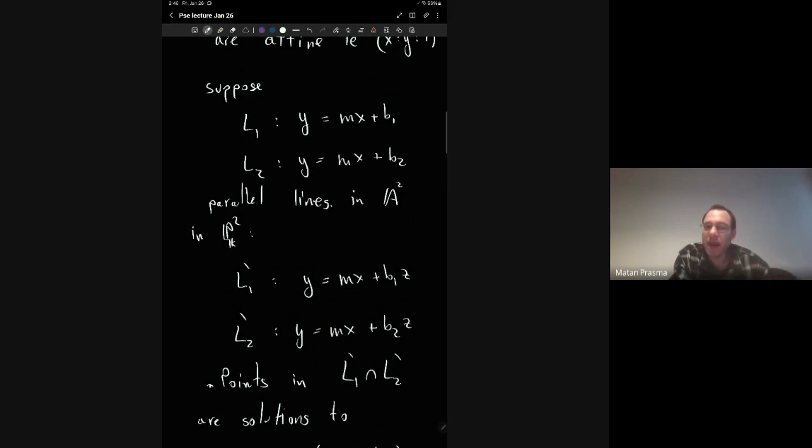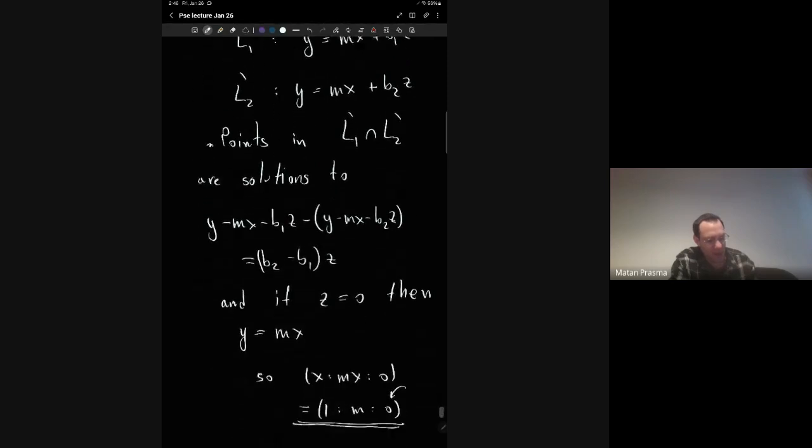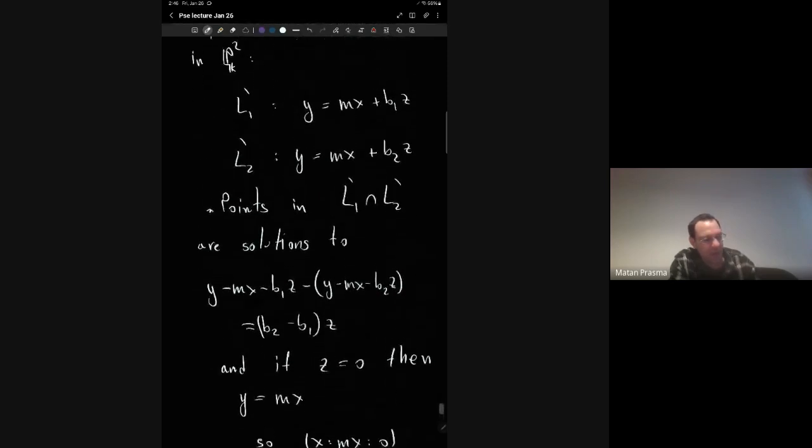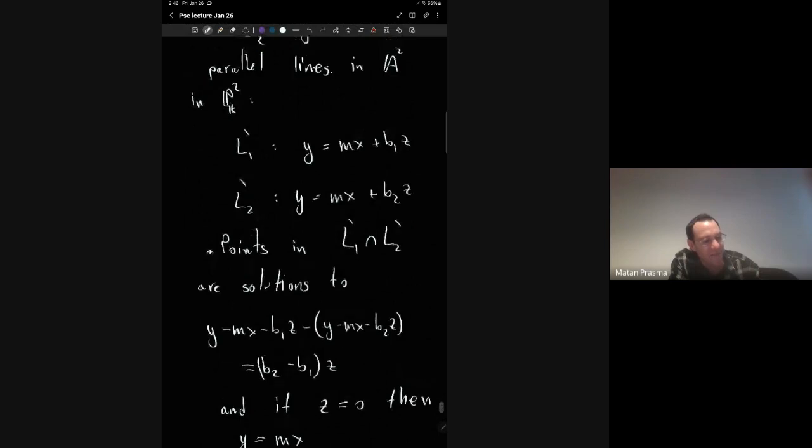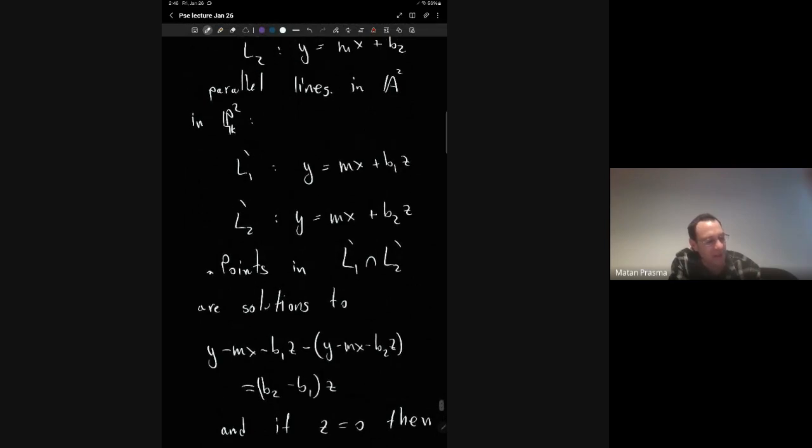In the projective plane, we have a line at infinity. Every point of this line is called a point at infinity. And it turns out that if you take any two parallel lines in the affine plane, then they intersect.